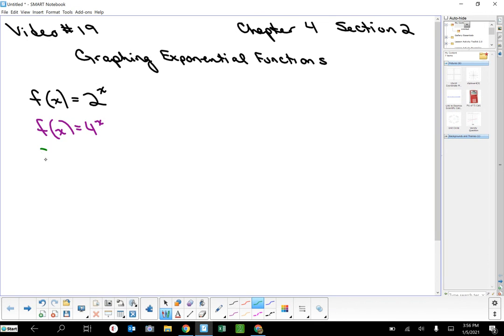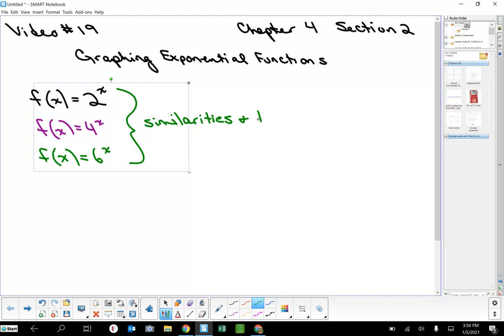These are going to be the parent functions that I'm going to start with. And f of x equals 6 to the x. And then let's come back and talk about similarities and differences in the Desmos graphs.